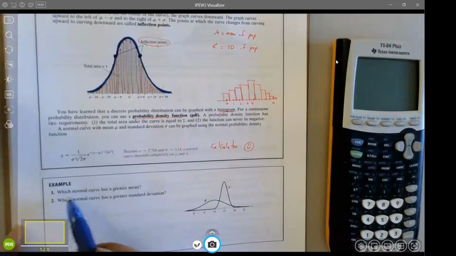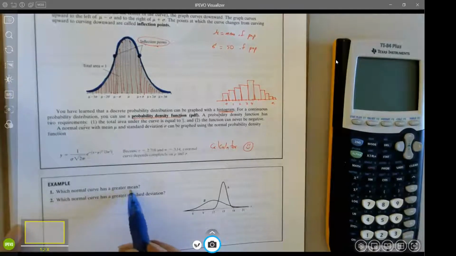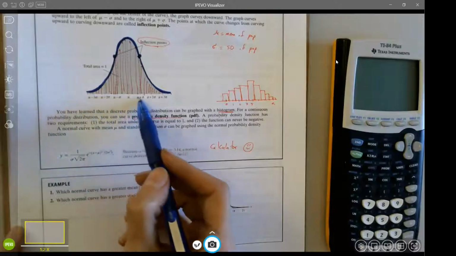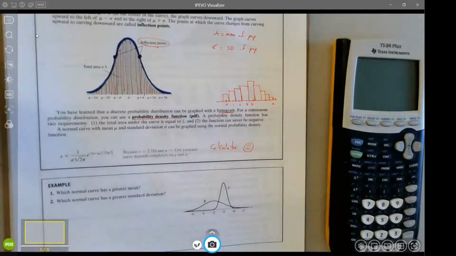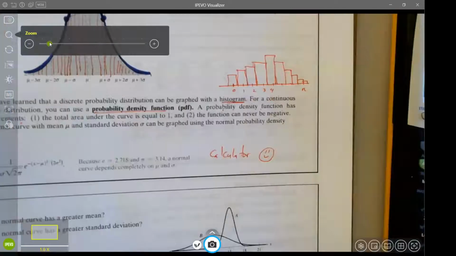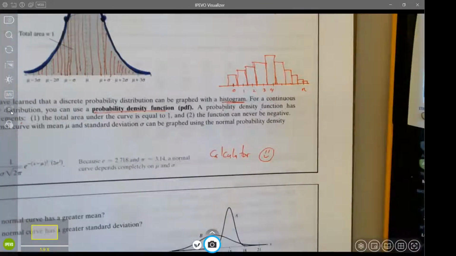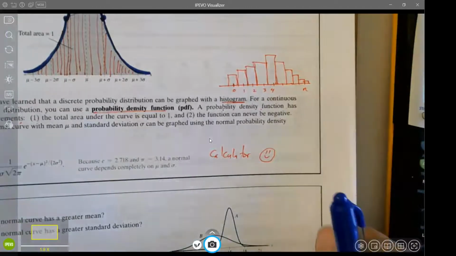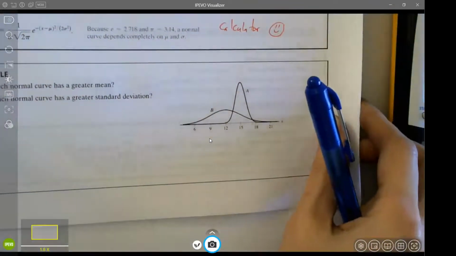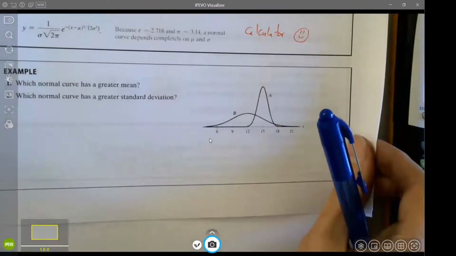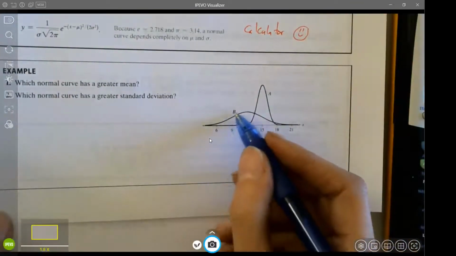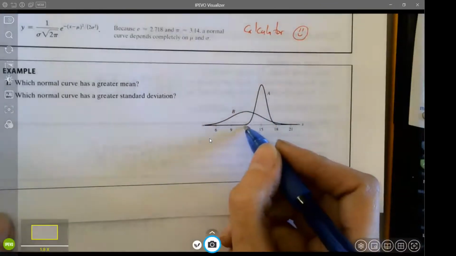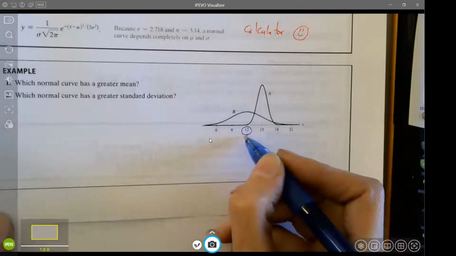Example. Which normal curve has a greater mean? Recall that the mean is a number on the horizontal axis. Take a look at graph B. The mean of graph B, which is a number on the horizontal axis, is 12.